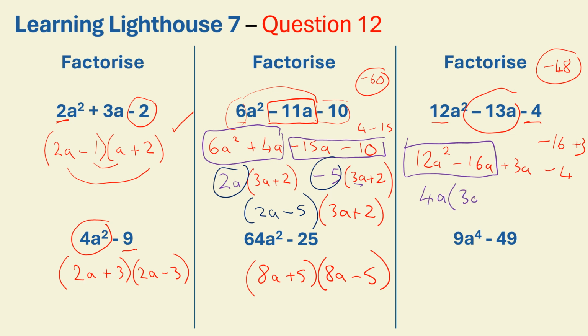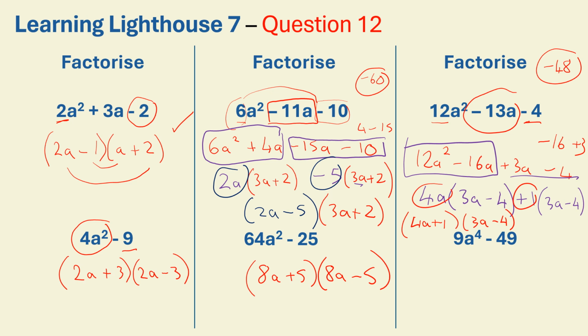That's 3a minus 4. And that's going to be repeated. Oh, but we've already got 3a minus 4. So what do I times 3a by to get 3a? Well, it's merely plus 1. So my final answer is 4a plus 1 by using these two parts, and 3a minus 4.